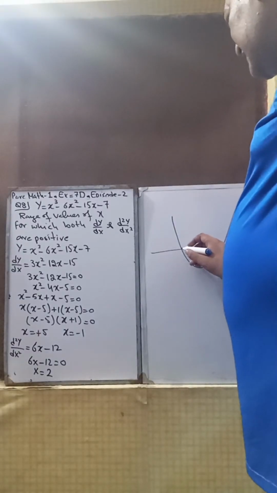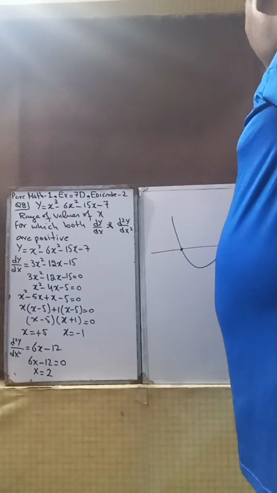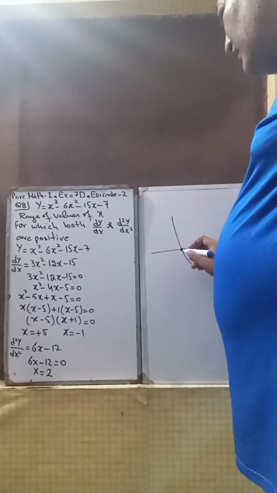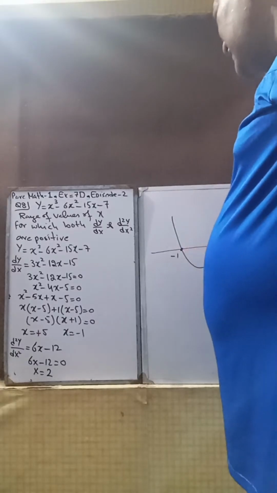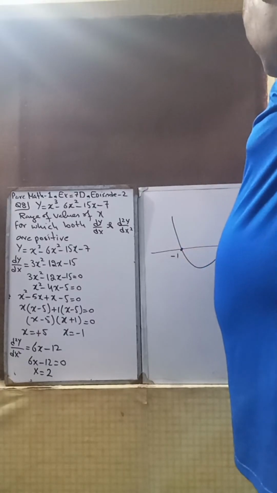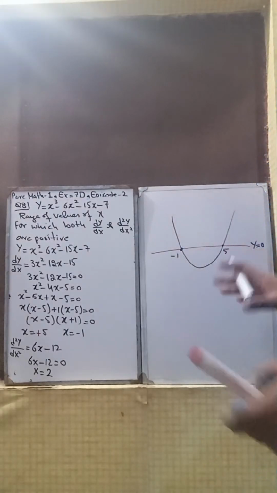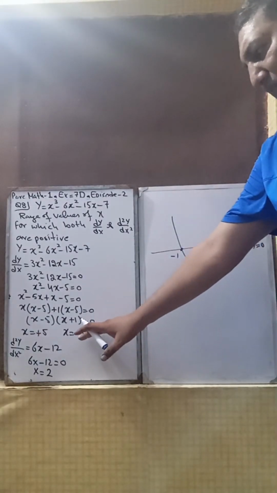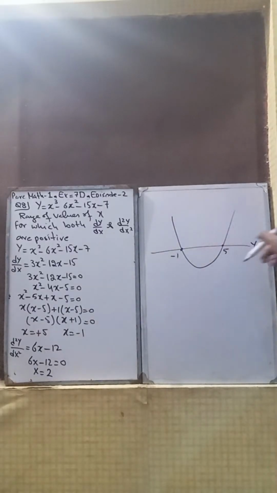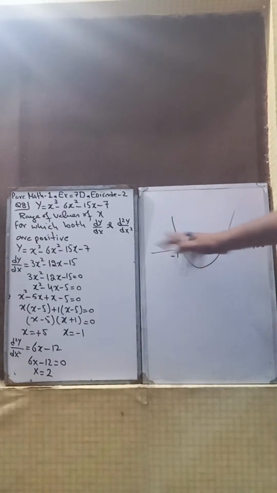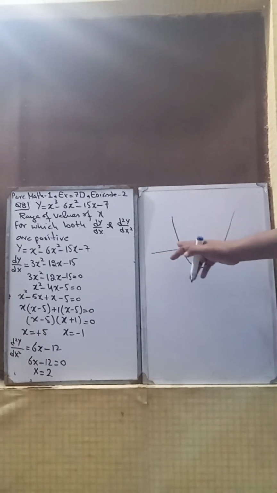This is y equals 0, and this will be minus 1, and this will be positive 5. So I'm just drawing the graph with this. y equals 0 is cut by this expression. Its graph is this happy face, and at positive 5 and minus 1 it will cut.